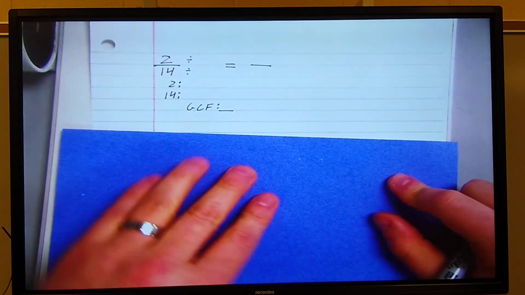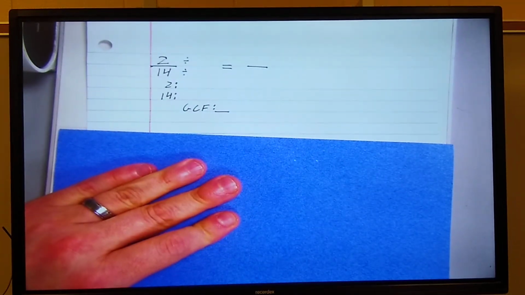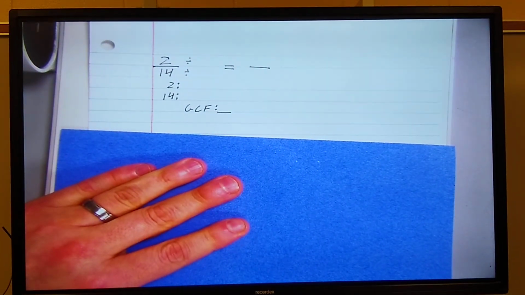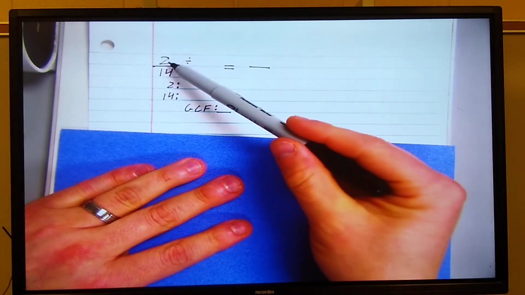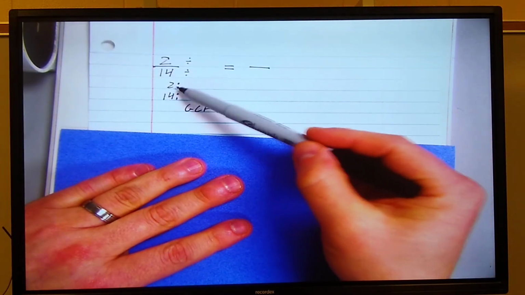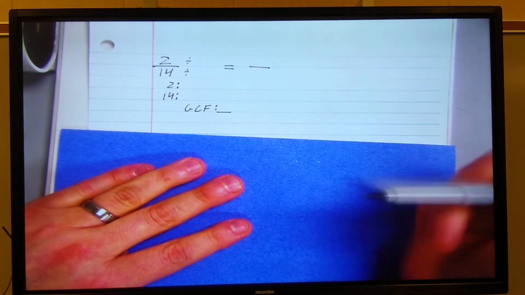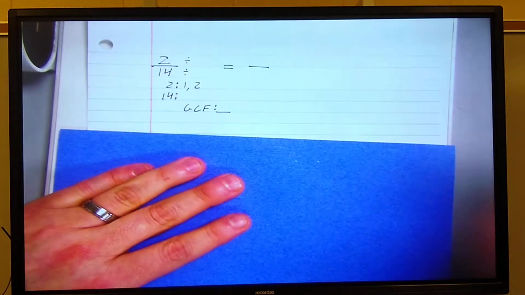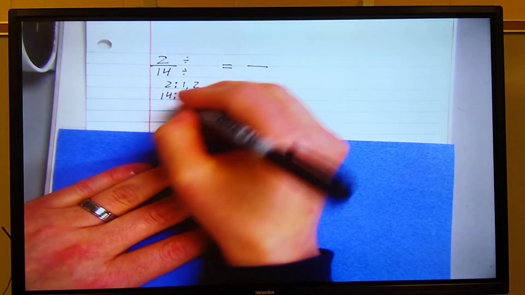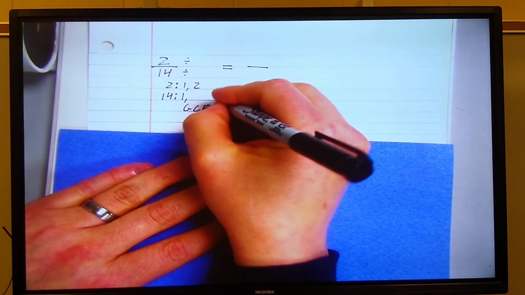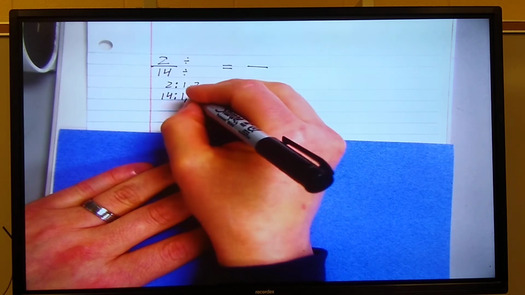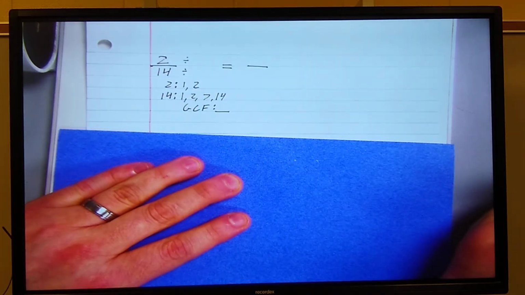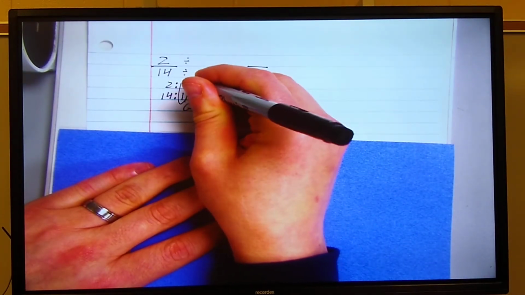Now, we're also going to be reviewing simplifying fractions this week. So, let's review how to simplify fractions. Remember, the first thing you have to do is find the factors of your numerator and your denominator. The factors of 2 are 1 and 2. The factors of 14, 1 times 14, 2 times 7. Then you have to find the ones that are alike.